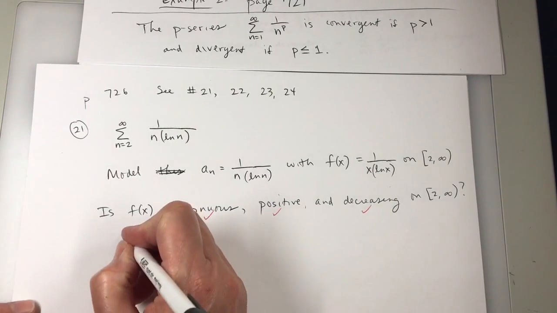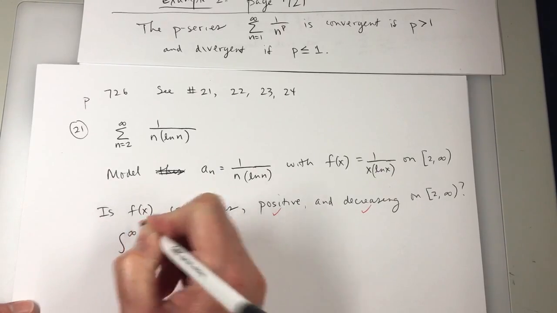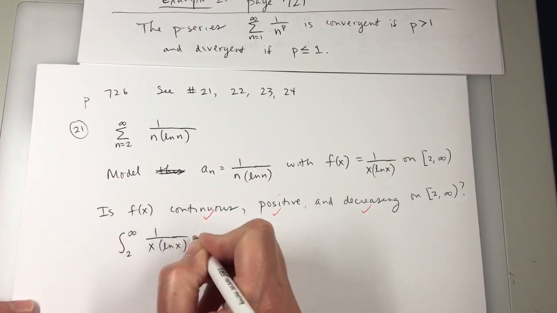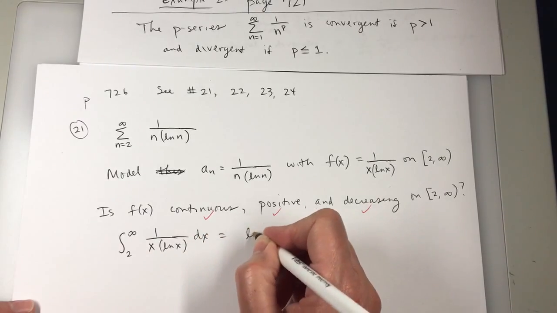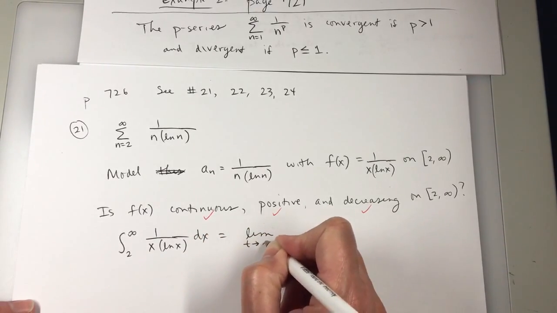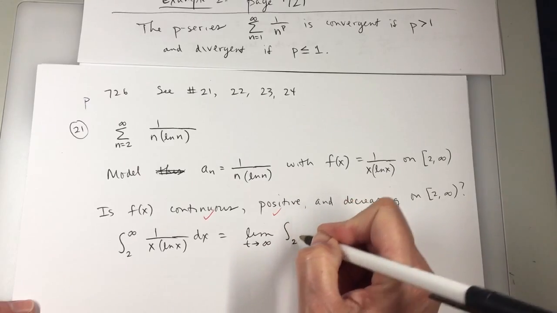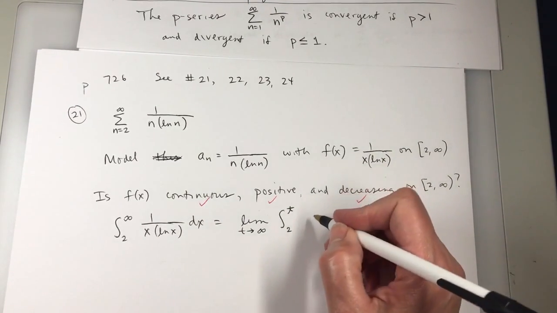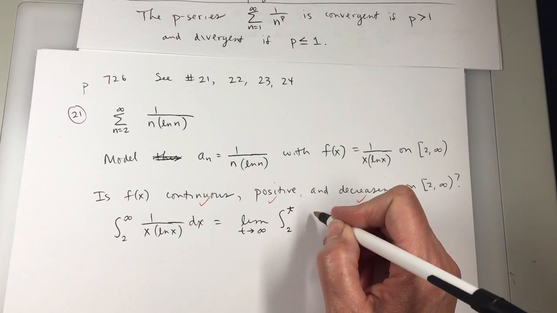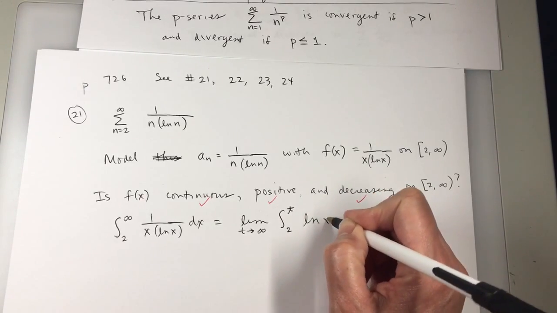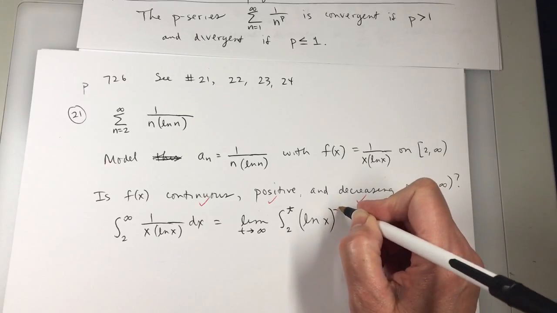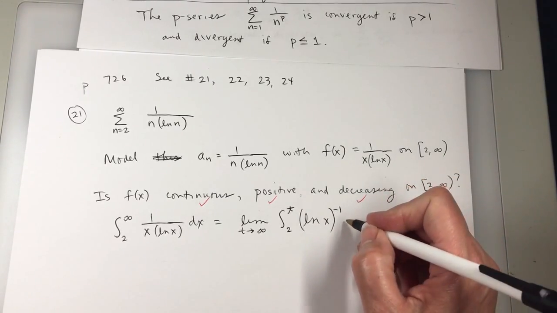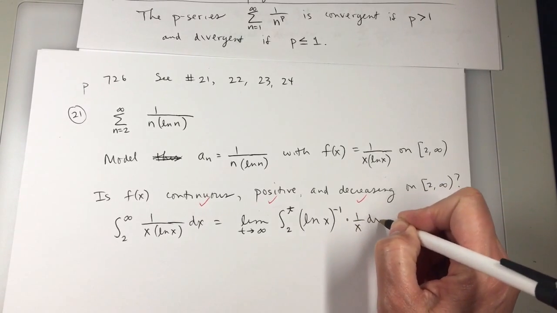Now, I'll try the integral test. I'll find the integral from 2 to infinity of 1 over x times the natural log of x dx. I'm going to write this as the limit as t approaches infinity of the integral from 2 to t of, I'm going to split this up, 1 over ln x times 1 over x dx.